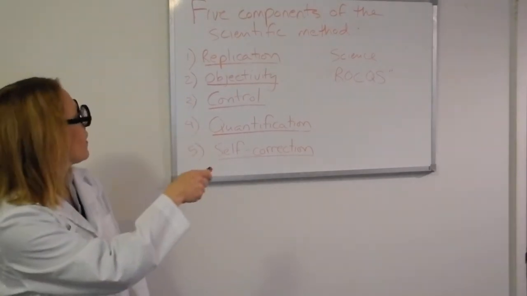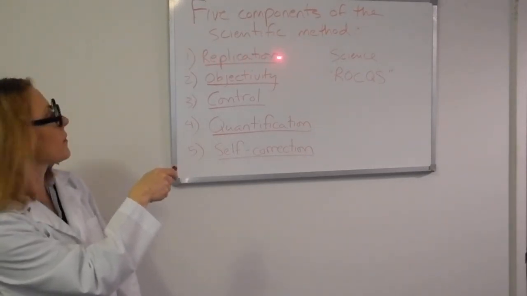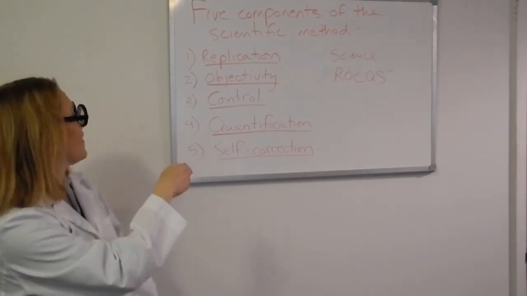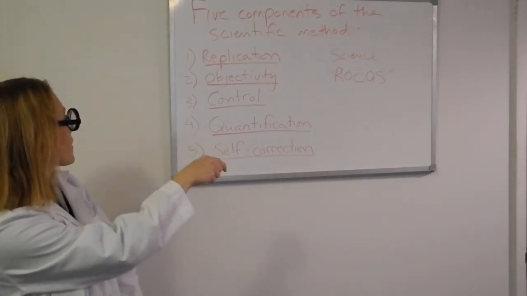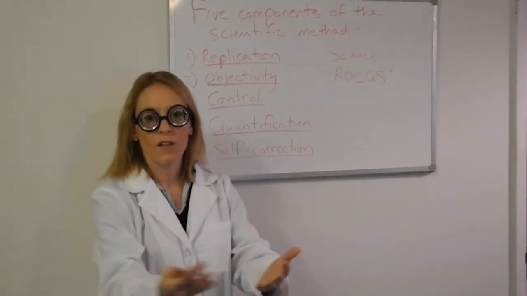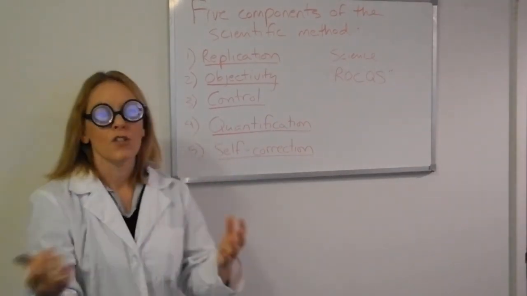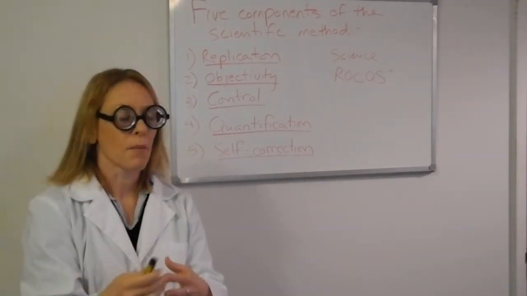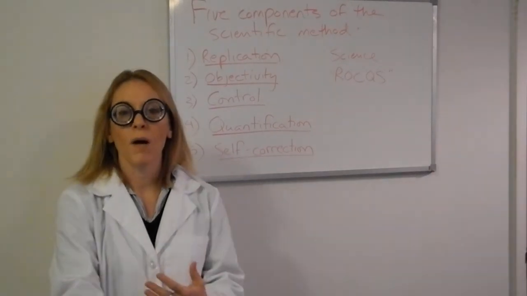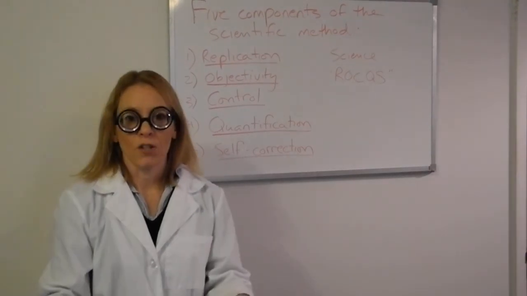So remember, science, or the scientific method, rocks: replication or repeatability; objectivity, or removing our biases through methodology; control, which means, again, control group, or holding all the variables constant except for the thing that we want to change; quantification, translating constructs into numbers; and finally, self-correction, which means that science is made public so we can critique each other's work and get it out there and make it better.